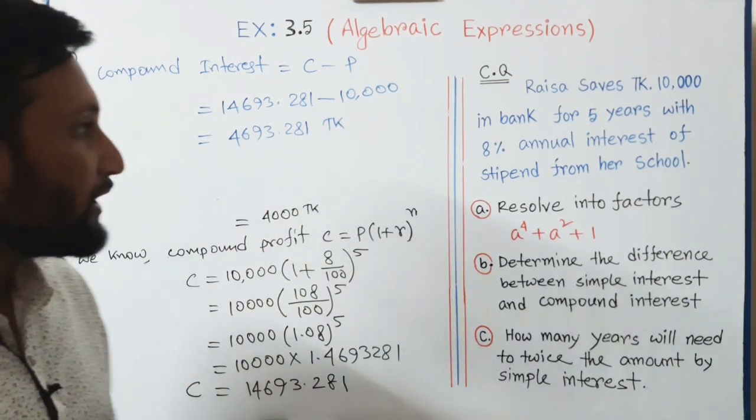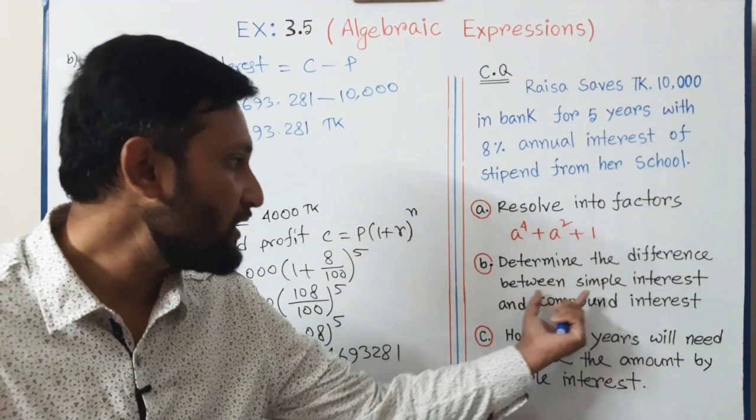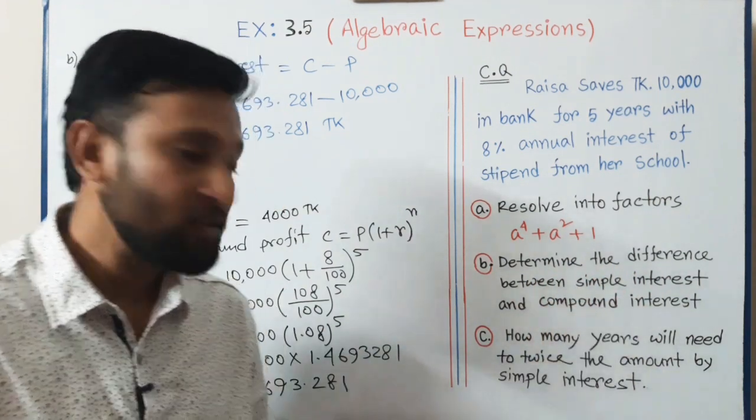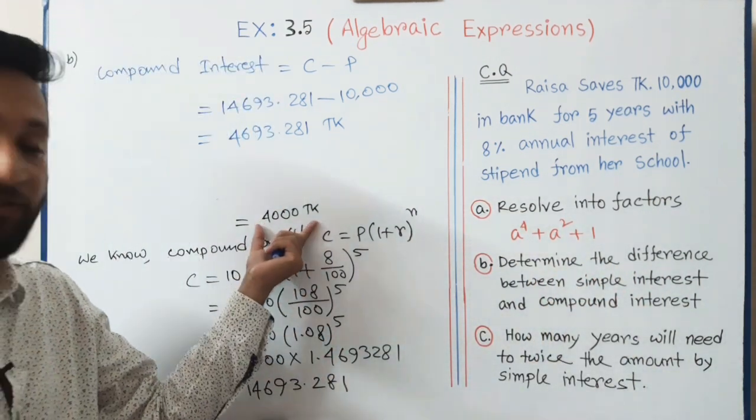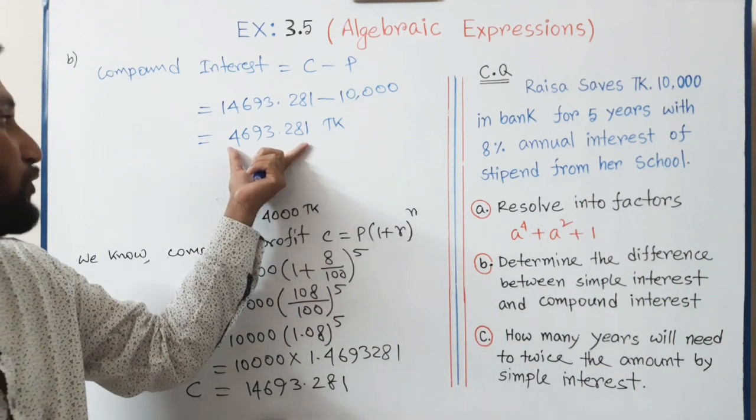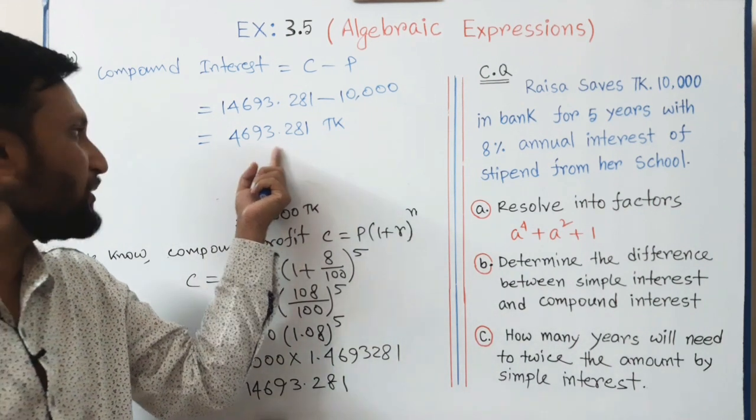So we have to identify now the difference between simple interest and compound interest. So simple interest amount is 4,000 taka and compound interest is 4,693.28 taka.